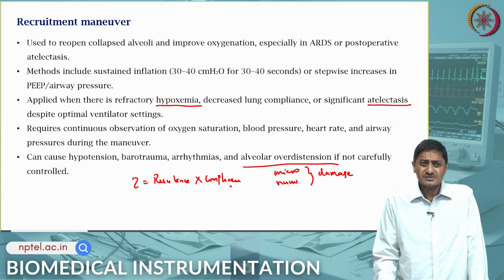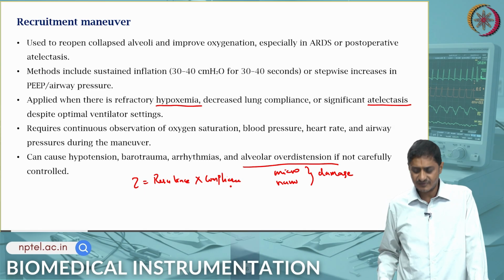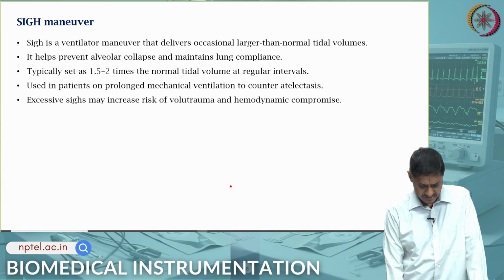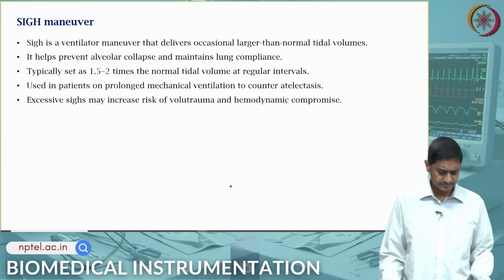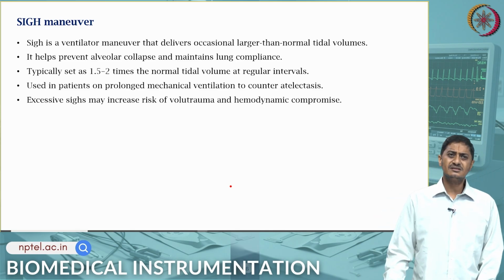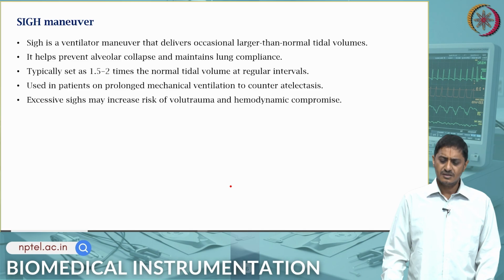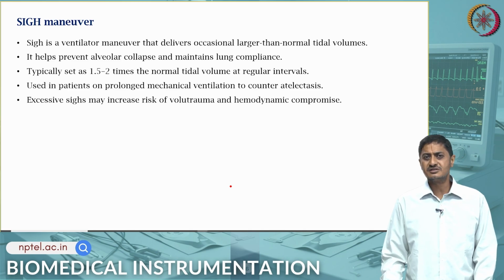There are different approaches that we already saw: sustained inflation, stepwise inflation, or staircase based inflation. Then you have the sigh maneuver. This is a maneuver that delivers occasional larger than normal tidal volumes.